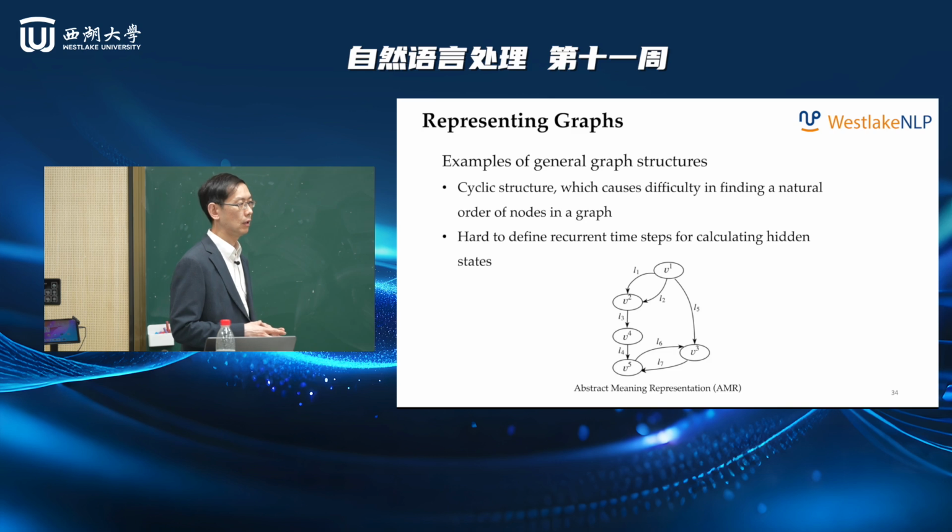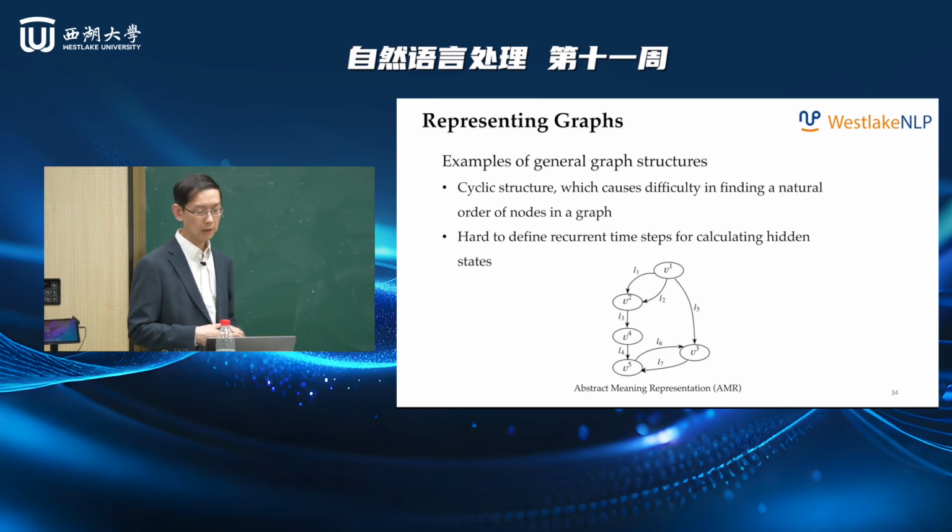So if we can define a sort of time step where every node can collect information from its neighbors, no matter whether the neighbor is its subnode or parent node. There's no concept of subnode and parent node anymore because there is no natural order anymore. But we have neighbors with maybe incoming edges or outgoing edges. They're all neighbors, right? And every node can collect information from them.